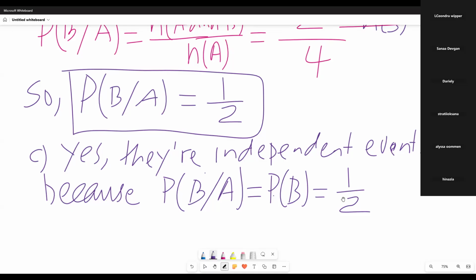Let me cover one more thing here in chapter 4. Yes, they are independent events because the probability of B given A is equal to the probability of B, which is 1 over 2.